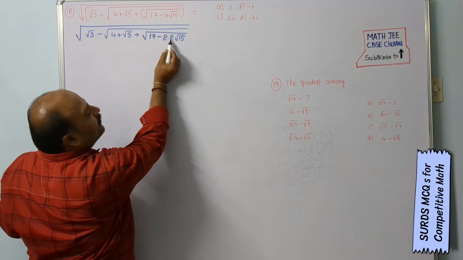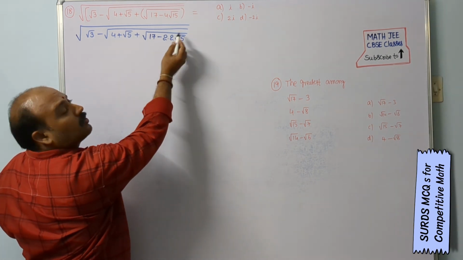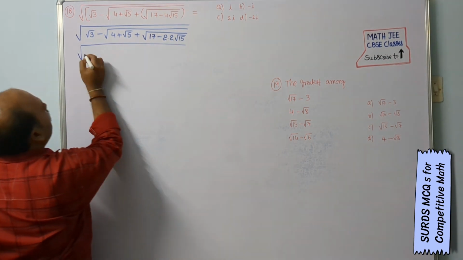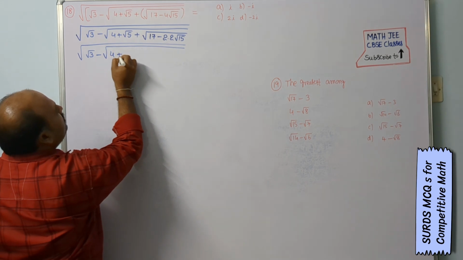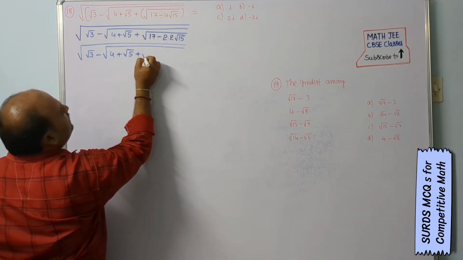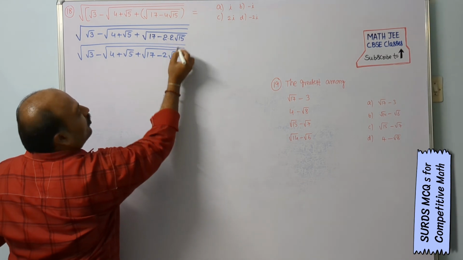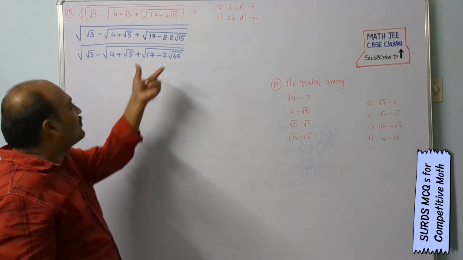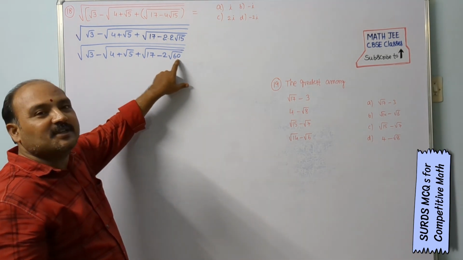In the next step, 2 I am taking inside the root. Inside the root means it will become 2 square, 4 will come. So square root of root 3 minus square root of 4 plus root 5 plus square root of 17 minus 2 root 4 into 15, 60. Now square root of 17 minus 2 root 60.